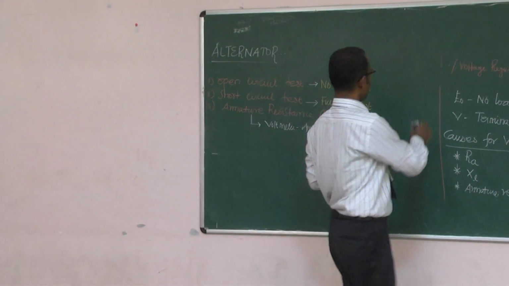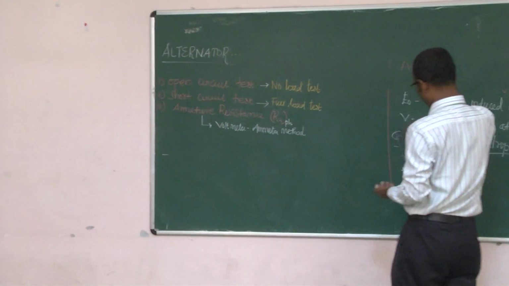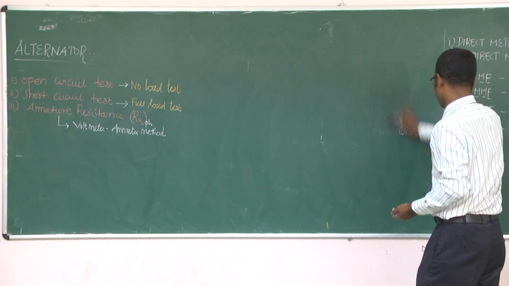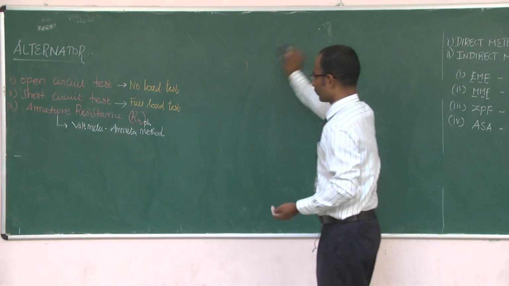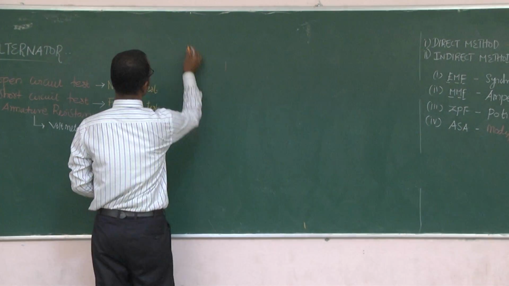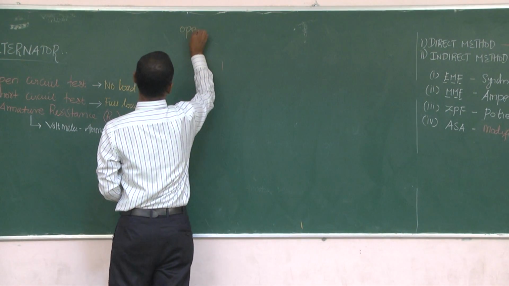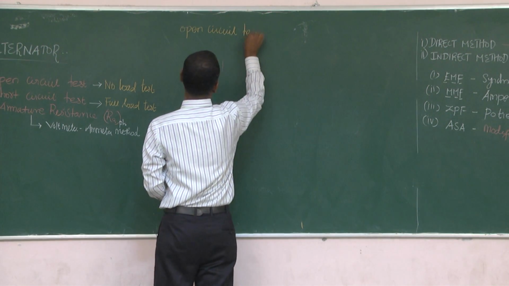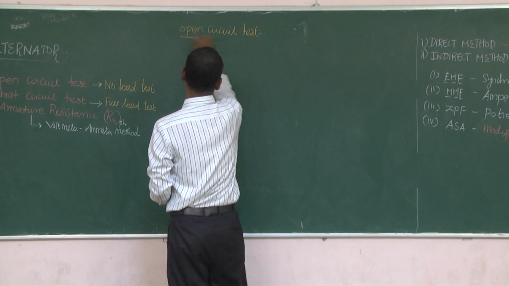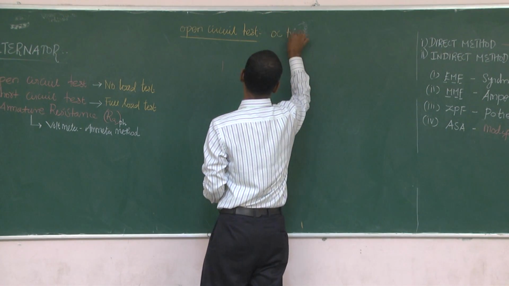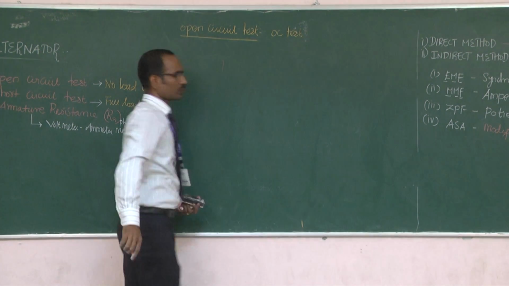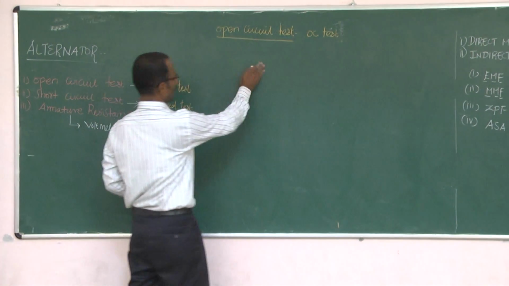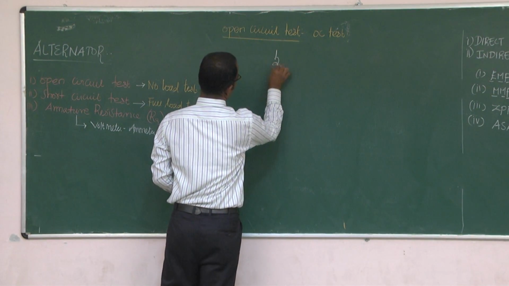First, we will see how to conduct the open circuit test in an alternator. It is shortly called the OC test. Here we are not concentrating on the prime mover side, we are concentrating only on the alternator.